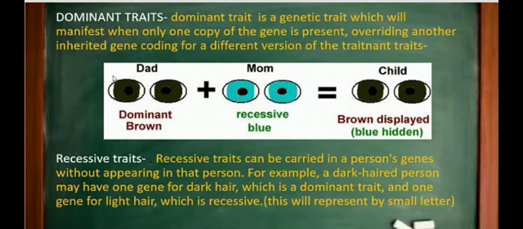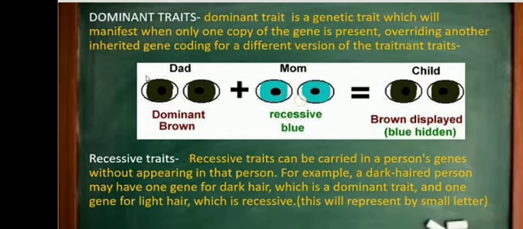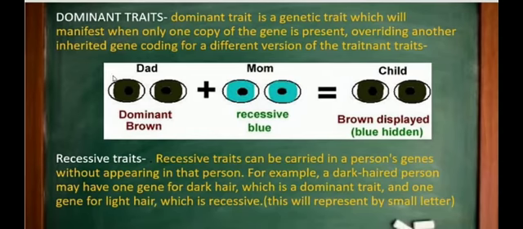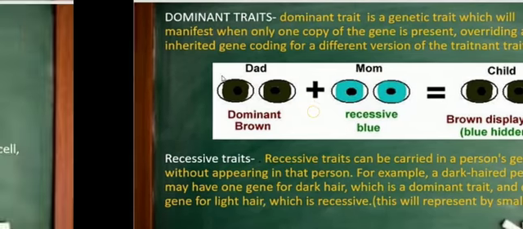Recessive means it can be carried without appearing in the person. Dominant means dominating. It always comes first. If dad is having dominant brown eye, the child will obviously have brown eye displayed, and the recessive blue eye will be hidden.